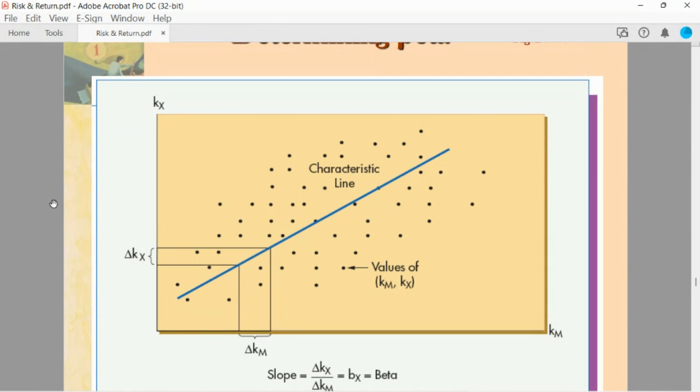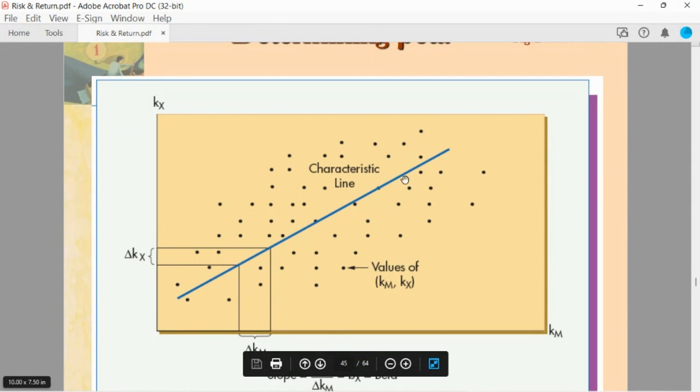And the thing is, we want to find what it has to do with this blue line.